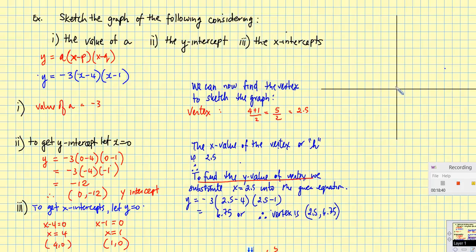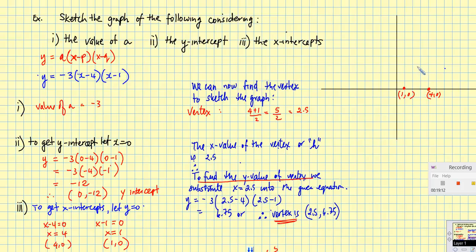I actually have 4 points, but I don't have enough room up here to graph the y-intercept at 0, negative 12. So I'm going to graph 4 and 0, 1, 2, 3, 4, 0, my first x-intercept. Then my next x-intercept, which is 1 and 0. And then the vertex that we found, which was 2.5 and 6.75.